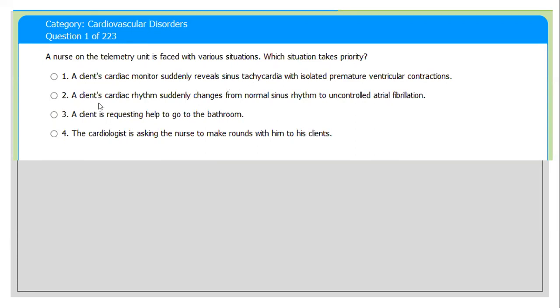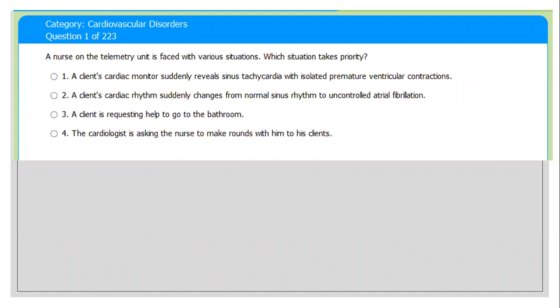Number 2, the client's cardiac rhythm suddenly changes from normal sinus rhythm to uncontrolled atrial fibrillation. It is definitely important. Every student must understand sinus rhythm. The correct answer is number 2.